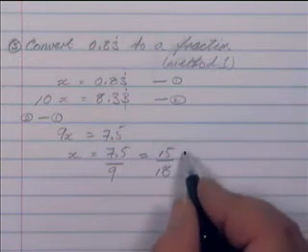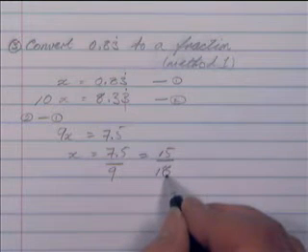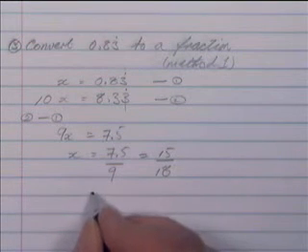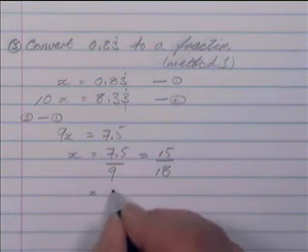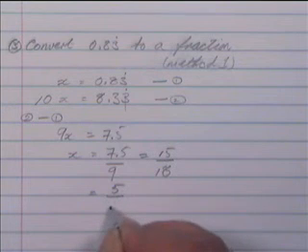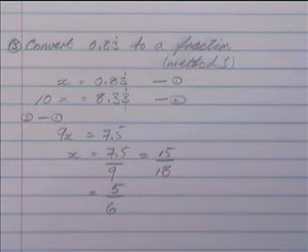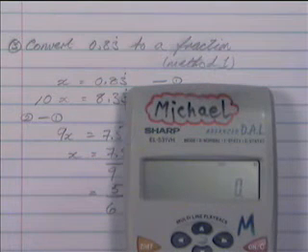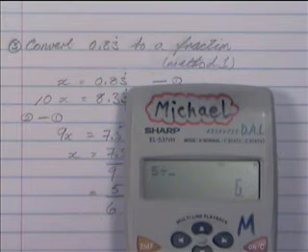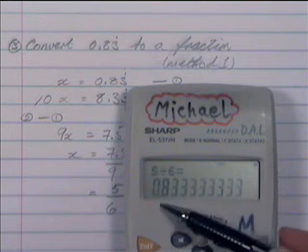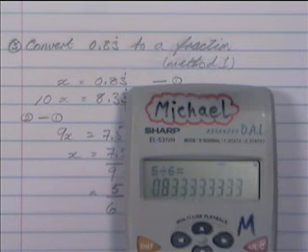Now I can cancel that down, so I see that 3 goes into both of them, so that's equal to 5 over 6. Okay, let's check that with a calculator. So 5 divided by 6 equals, and there it is, 0.83 recurring. So we've got that one right.